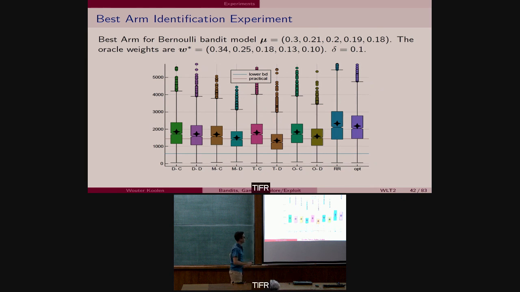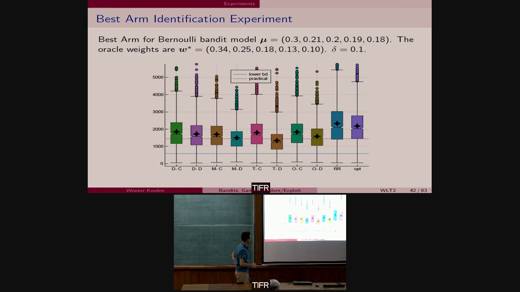Okay, so here is a standard problem, like best arm, on which prior work was done. That's the one for which track and stop had all the proofs in the original paper. So we just made up some bandit model, took some reasonable delta, 0.1, it's actually quite big, and tried to see, do the asymptotics actually kick in already?